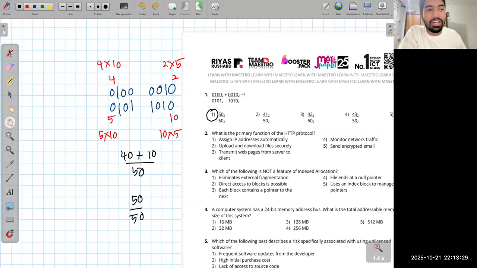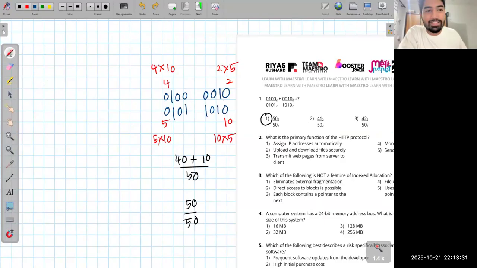It's like this. Now think about a normal maths question. Think about it like this: 5 divided by 3 plus 6 divided by 12. Now can you add these two numbers? Obviously, you can't add these two numbers. So what we do is we make these denominators the same.